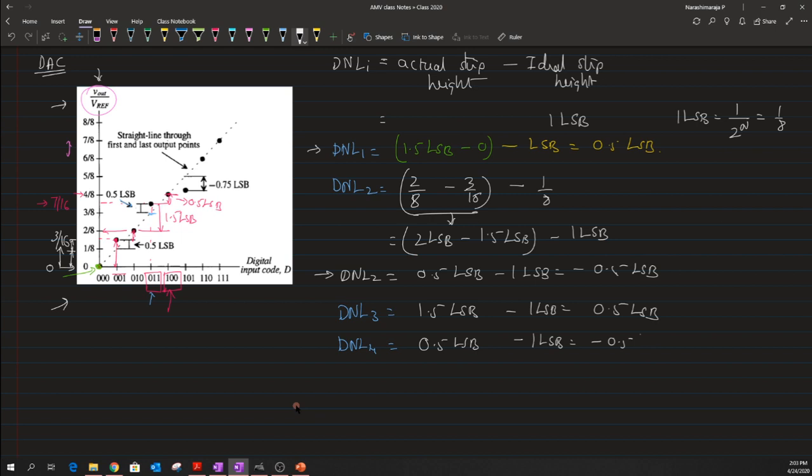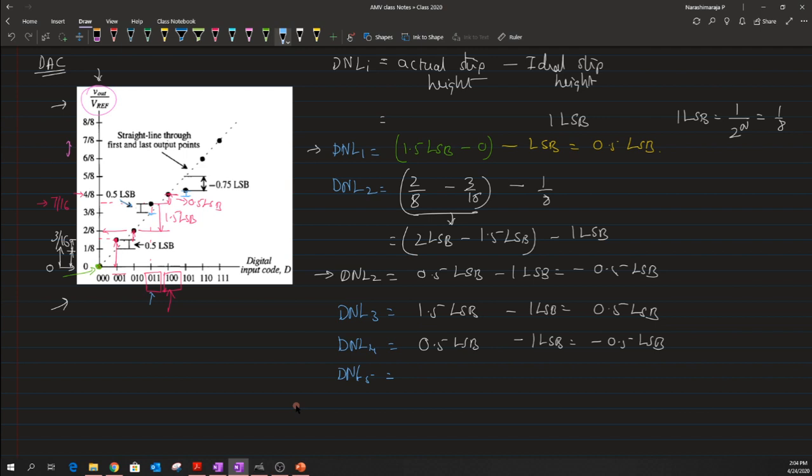And similarly DNL of 5 is again written as the height difference. As you could clearly see, the height difference between these 2 points is basically 0.25.